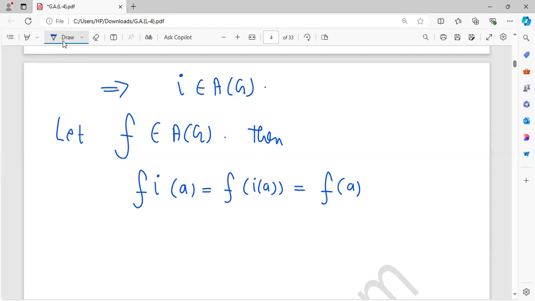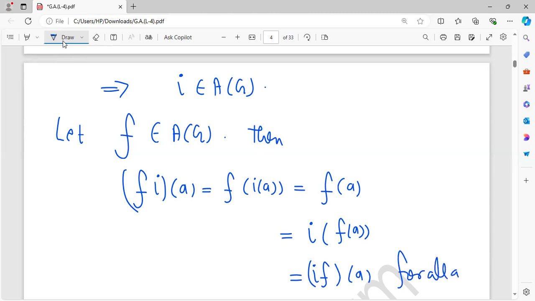But I can write this as I(f(a)), because f(a) is also an element of G, and it will map to f(a). So we have I∘f = f for all a belonging to G.